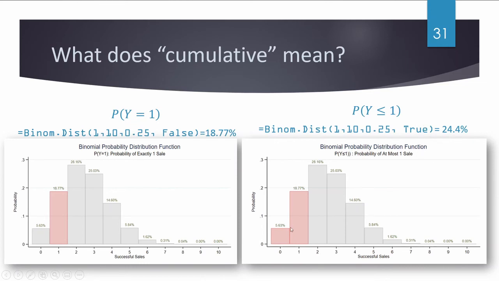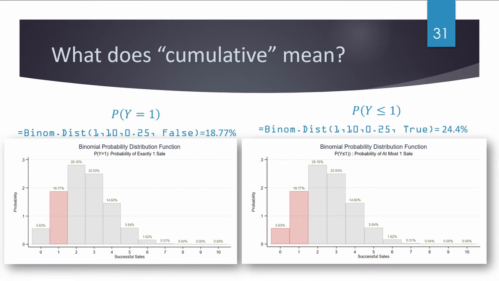That is, we are going to add up the probability that she makes one sale or fewer, so 1 or 0. And the way we would calculate that is binom.dist 1, comma 10, comma 0.25, comma true. Simply, this is just adding up the probability of seeing exactly one sale or exactly 0 sales. This is what it means to say cumulative.